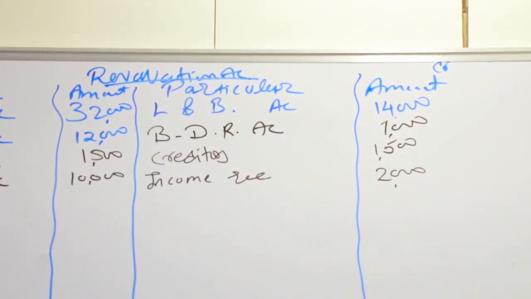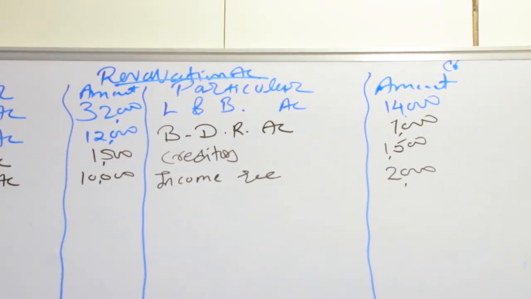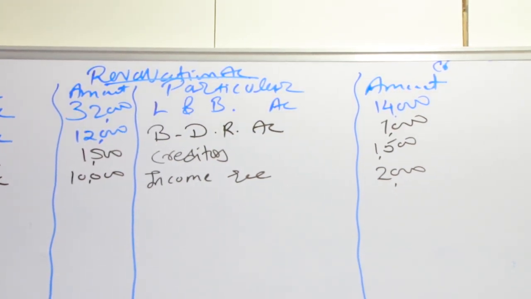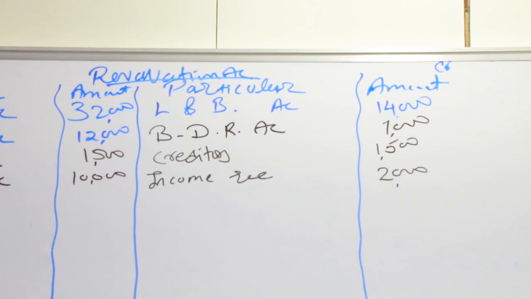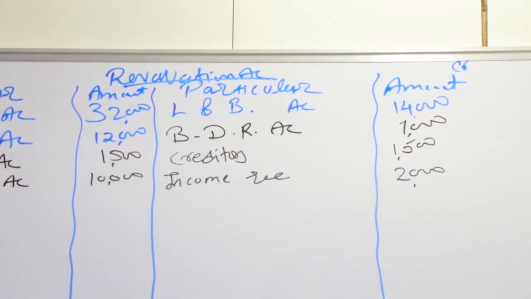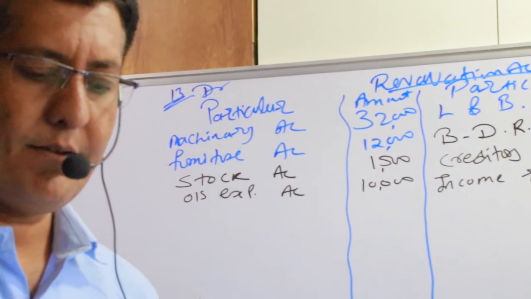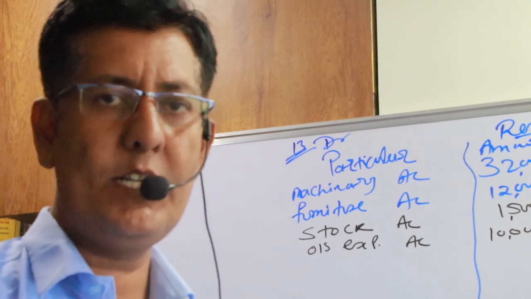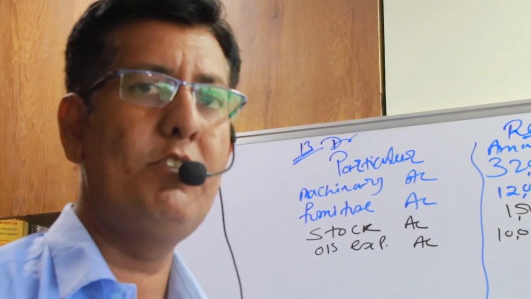2,000. The next: investment is to be shown at its market value. Look at the investment in your balance sheet. Investment is given 20,000. In bracket, the market value is 18,000.